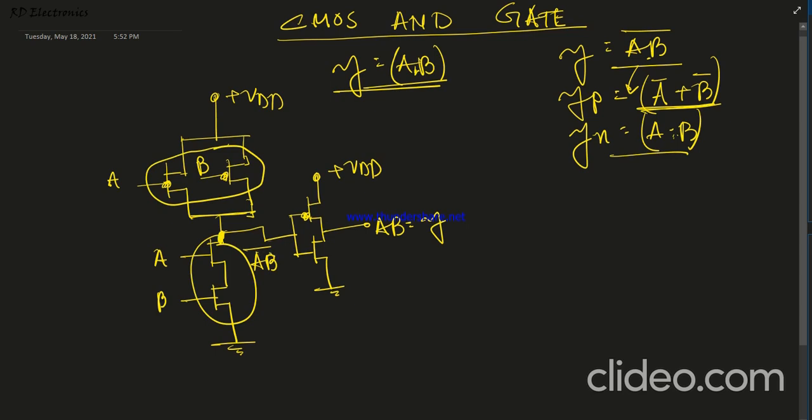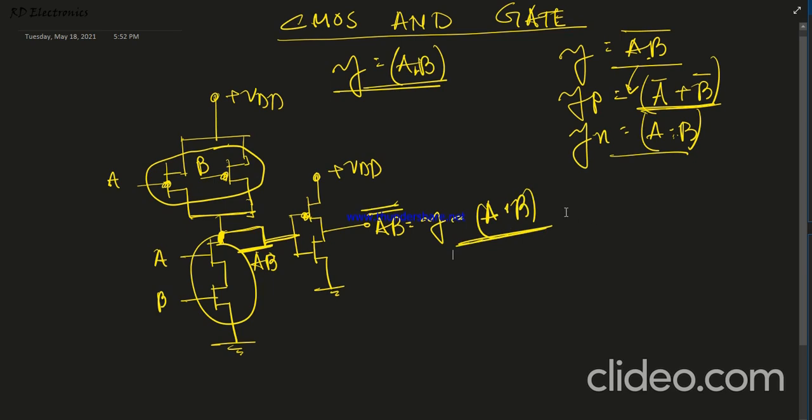So how to omit this complement? Here we connect one inverter. This inverter helps us to omit this complement. From this output, the output is (A dot B) whole bar, and here it is (A dot B) double bar. That means we get A dot B, the AND operation.